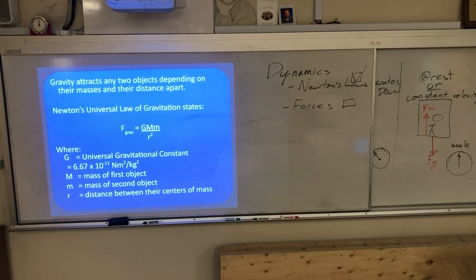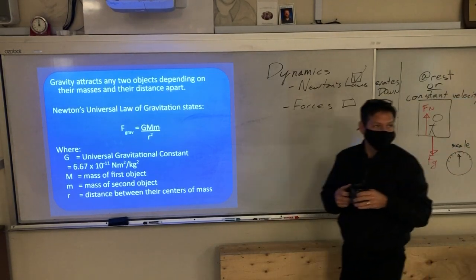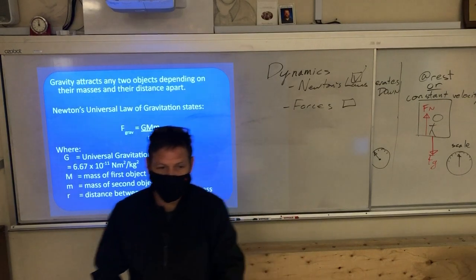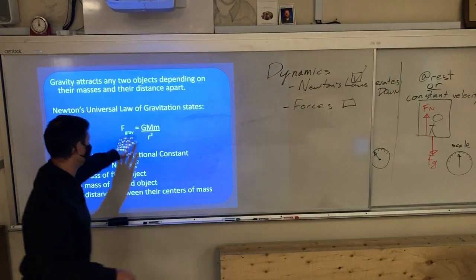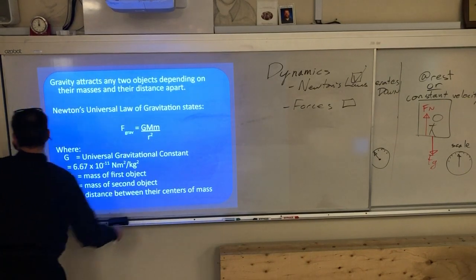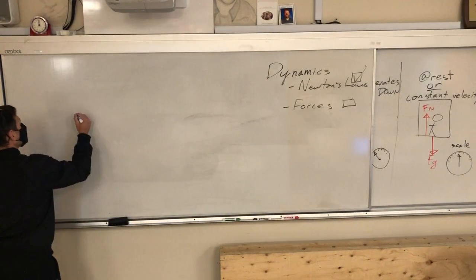Back on the back there, there's another FG. And it says big G times M1 times M2 over R squared. That's this formula here. I'm just going to write it big for you so that you can see it.